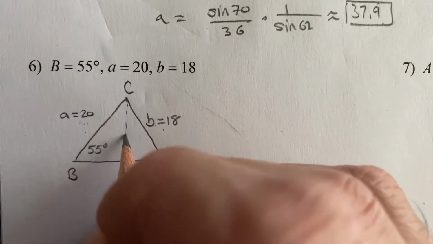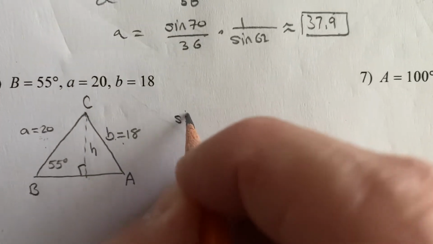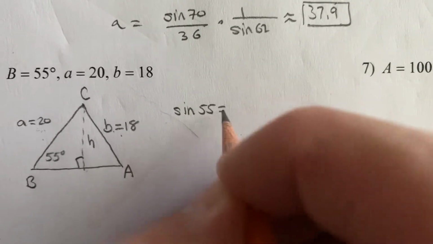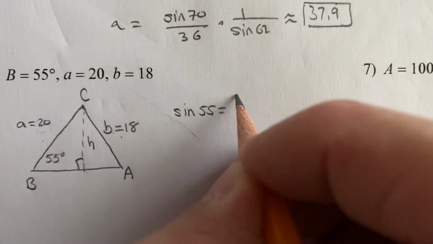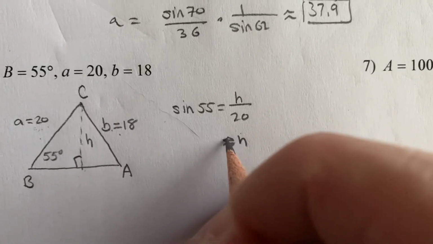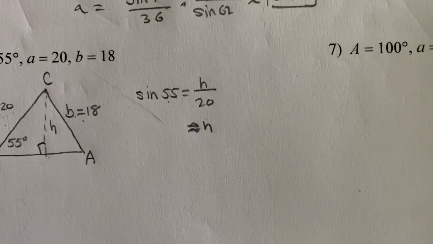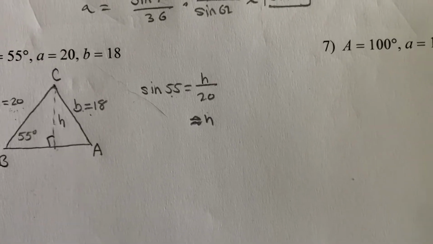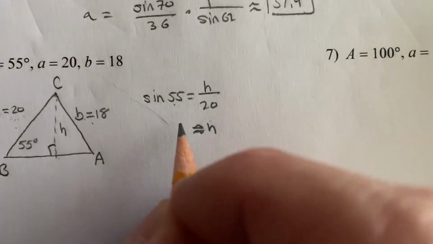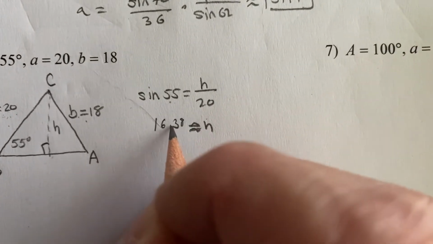Drop down that height, and I'm going to do a quick sine of 55, opposite over hypotenuse, h over 20. Use your calculator. h is 20 sine 55, approximately 20 times sine 55 will give you 16.38.